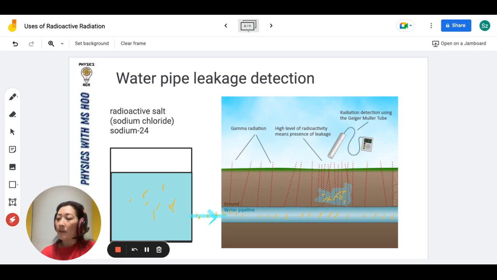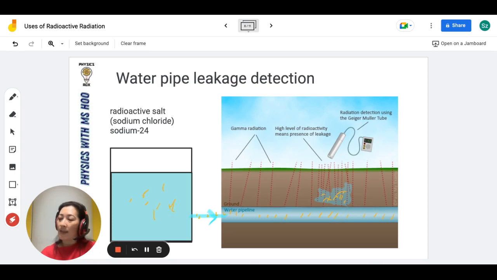To determine the area where there's a leakage, we'll walk along the surface with the Geiger counter or the Geiger-Müller tube, and try to find the area where there's a reading. Obviously, because the water is radioactive, you'll get a reading throughout the entire pipeline.